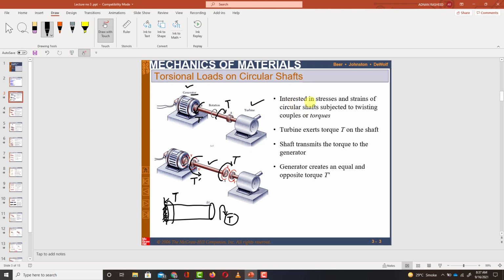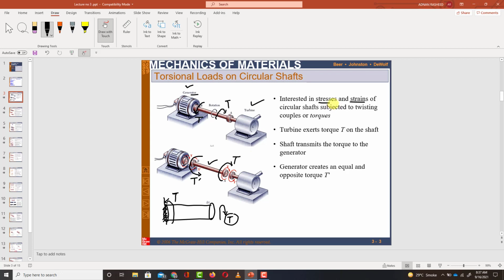Clear? So due to torsion loads or torques, twisting effects will be created in the shaft, and as well as this twisting effect, strain and stresses are also generated in that shaft.